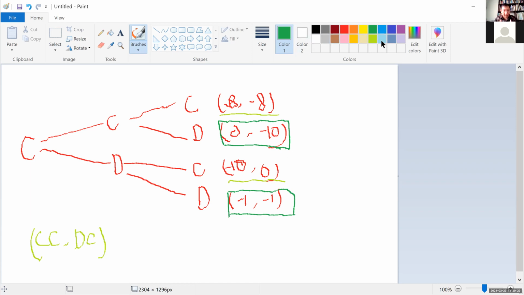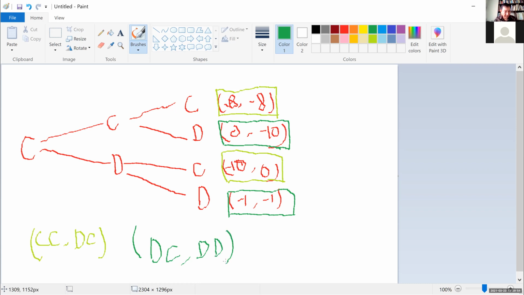But remember the way you write is row, comma, column. In that case, DC and DD, correct? Yes. Okay, so list 2, you have DC and DD.